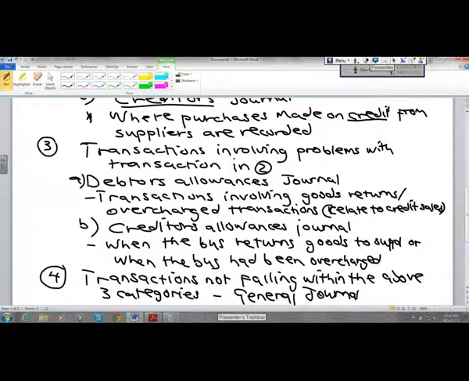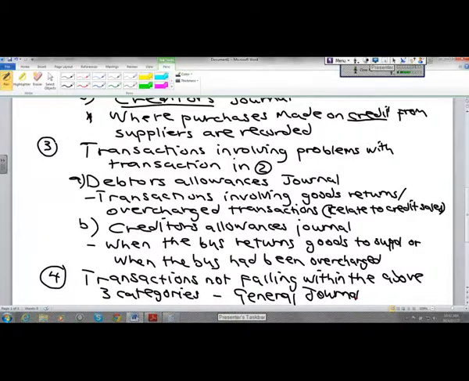So if we have a transaction like that, let's check all the above three categories and see if it will fit. Remember, our transaction is charging a debtor interest on the overdue account. Number one, are we involving cash? No, there is no cash received or paid. We are just charging interest.